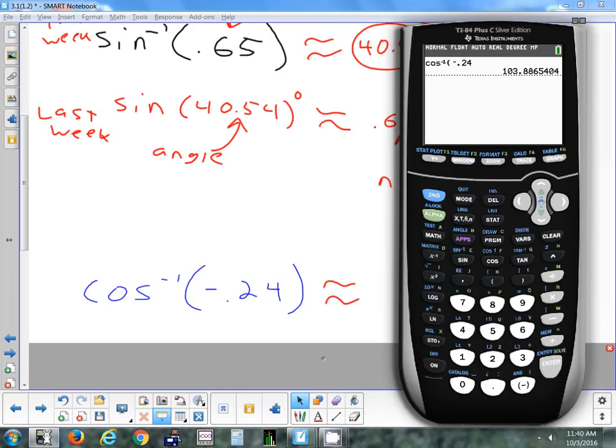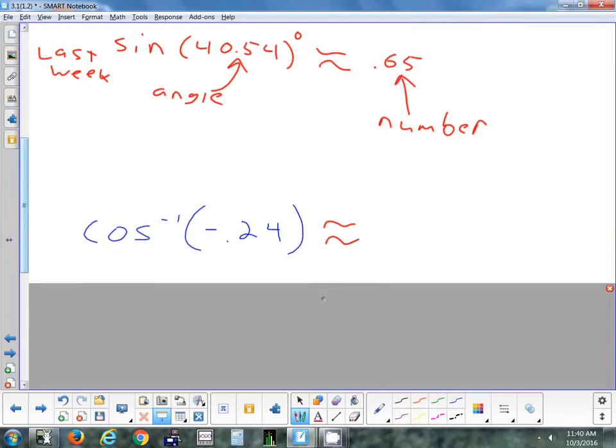Yep, I got the same. Well, actually, 0.9, we round up. But I thought we had to be between negative 90 and 90. So what happened? Cosine, you can be between 0 and 180. Right, this is 0 to 180. So it's 103.89 degrees.